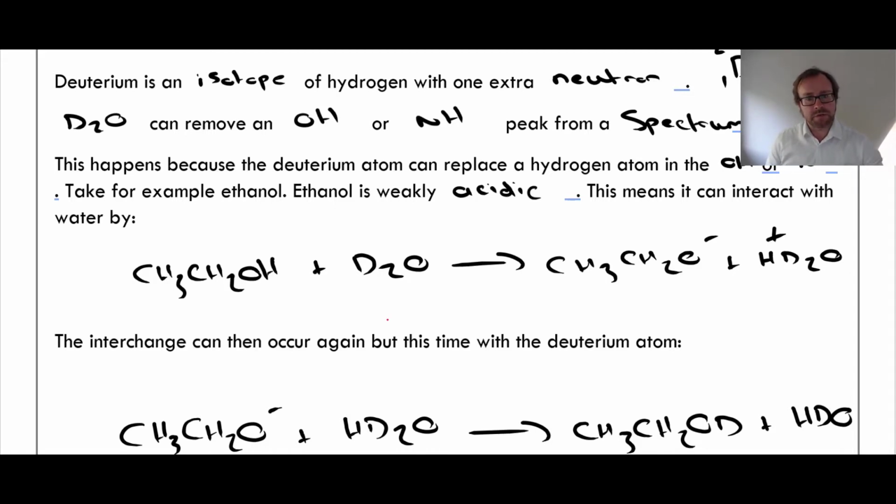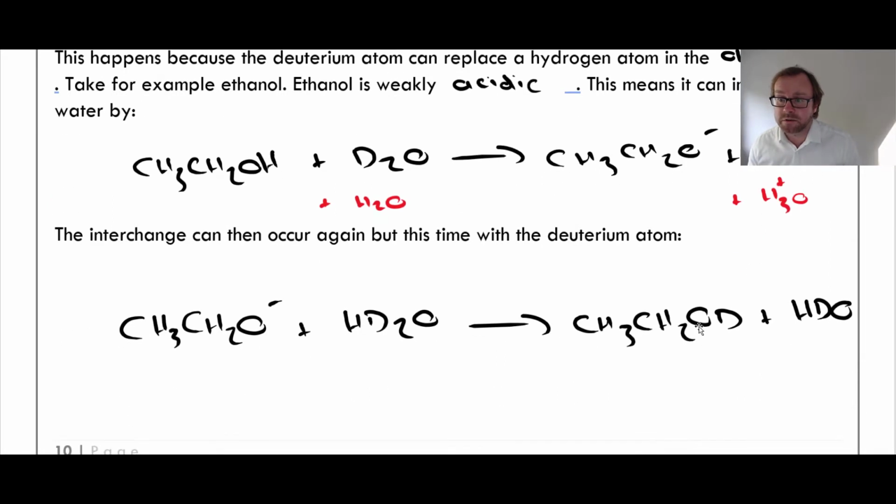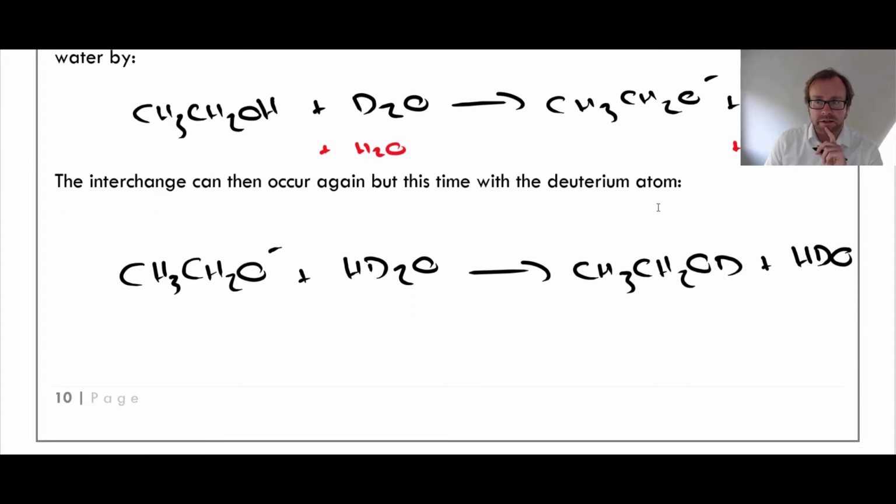Instead of applying H2O, ethanol is weakly acidic, so it will donate one of its H+ off the OH group to the water to produce my oxonium ion. So all I've done is taken one of these H's and replaced it with D2O.